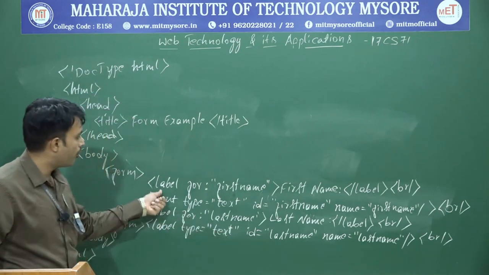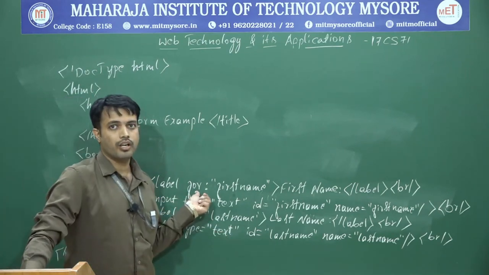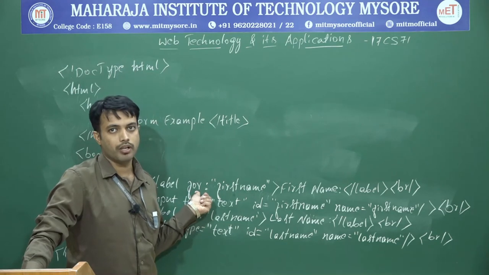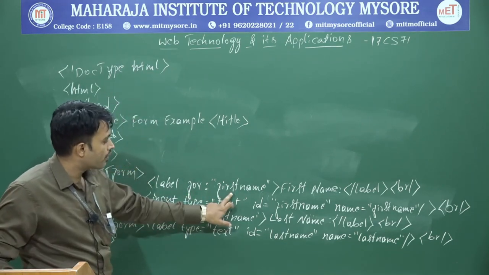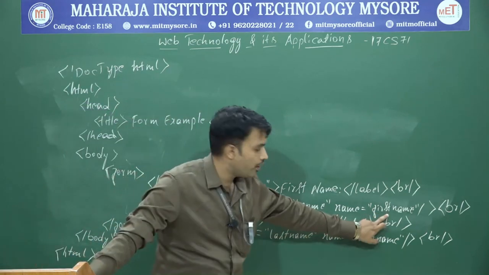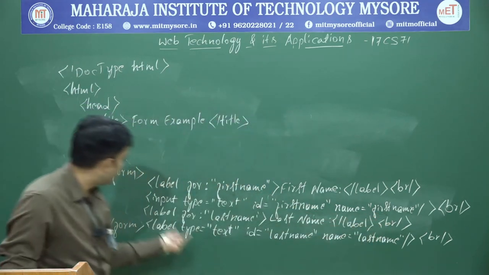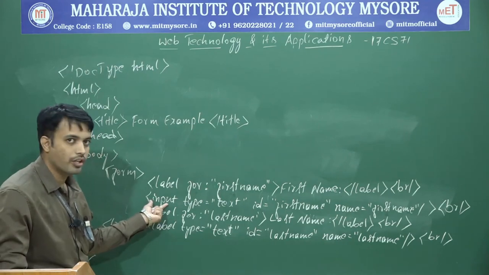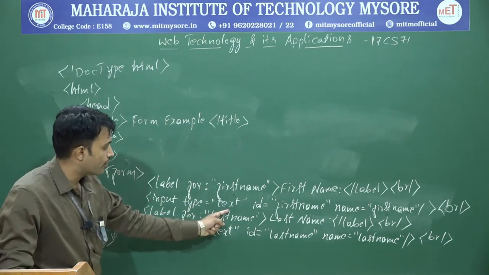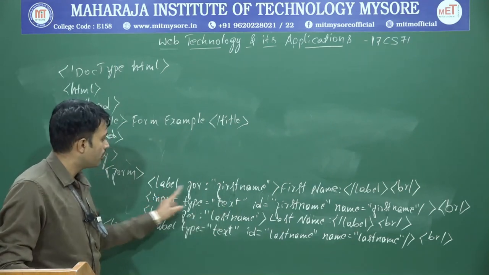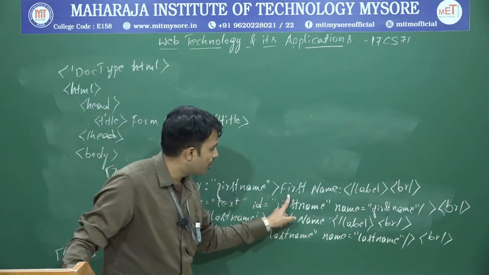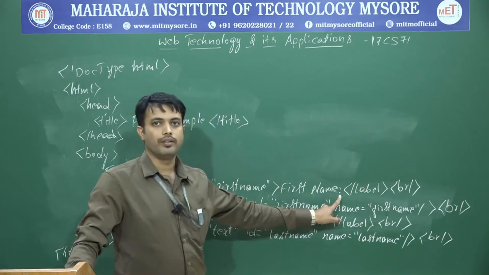Label followed by the control for which you are going to use this label. Here this control is for first name, your name equal to first name, right? So for this first control, input type equal to text, I am going to add a label, which is first name colon.